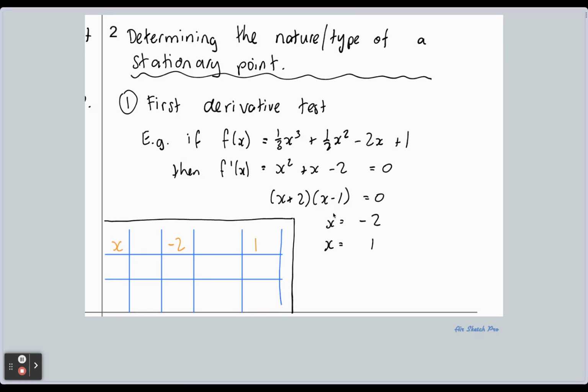So we put our stationary points in like so, and in between them we put whatever values we want to, as long as they are in between and as long as they're fairly simple to calculate.